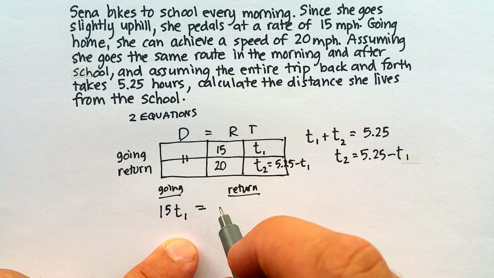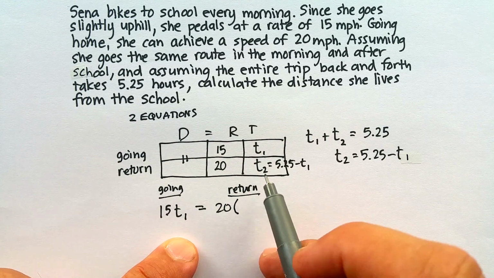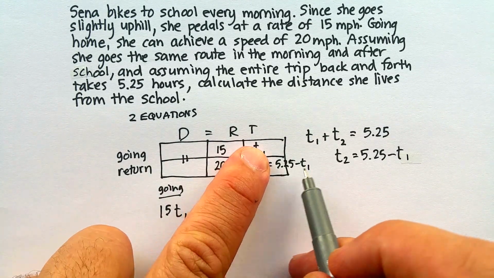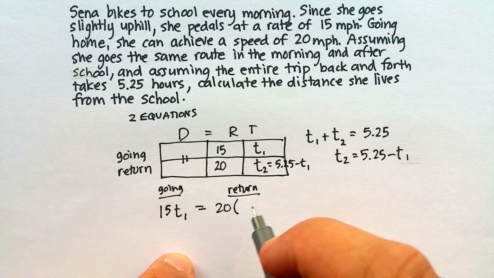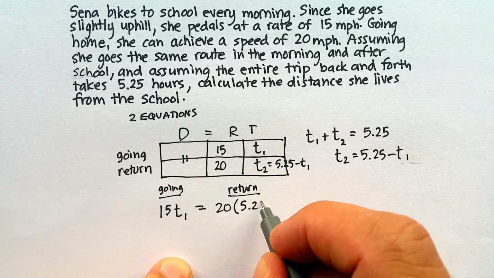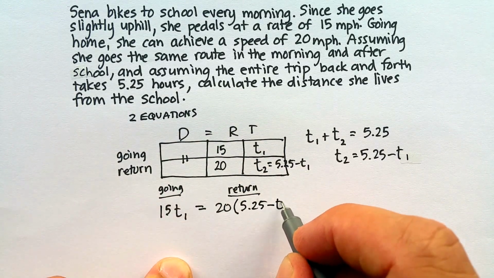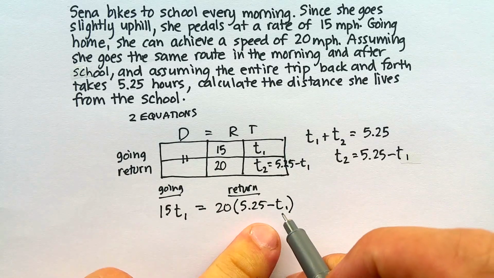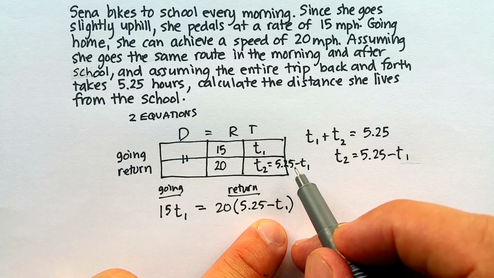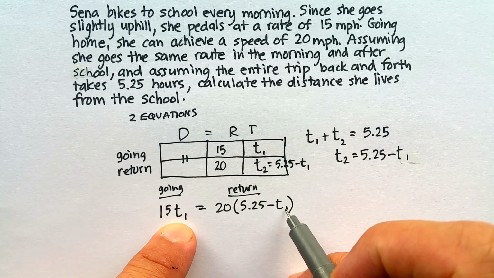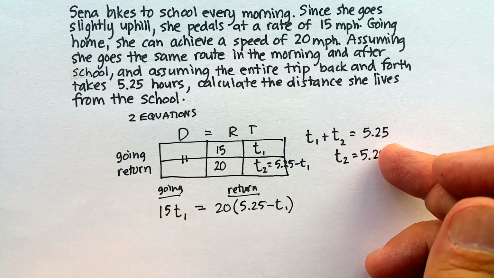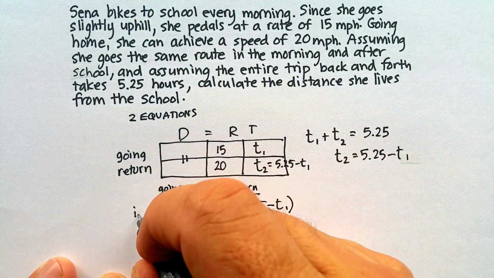Distance returning would be 20 times, not T sub 2, but what we substituted, 5.25 minus T sub 1. Now you see why we actually went ahead and did this, because now we only have one variable to solve for, okay? So let's go ahead and start solving this.